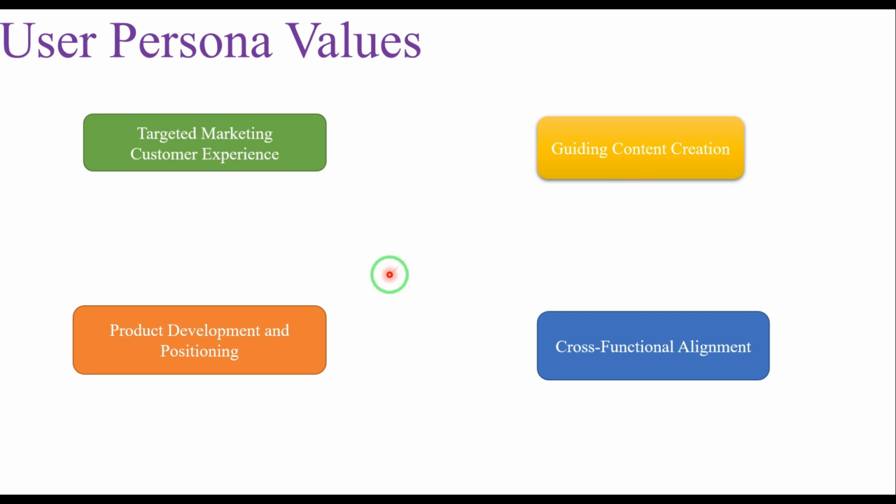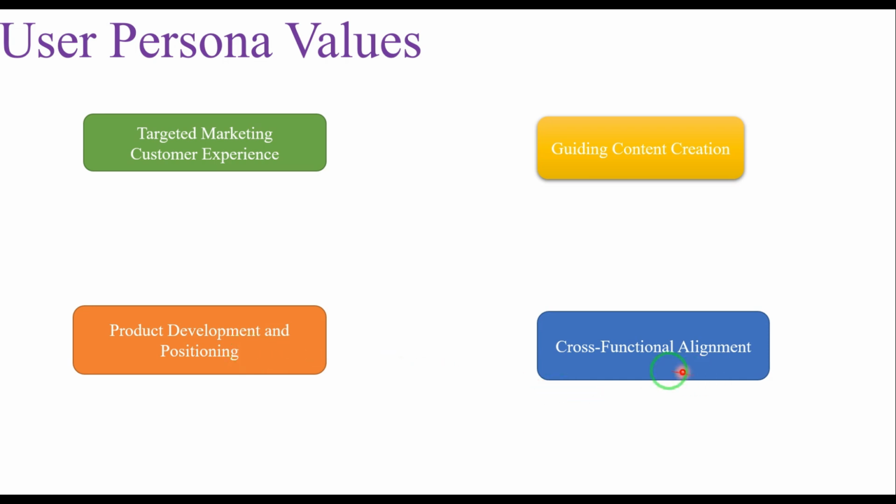The third one is about improving product development and product positioning. Personas can provide insights into what features, benefits, and value propositions are most appealing to different customer segments. This will help in developing products that better meet the needs of the target market and in crafting messages that effectively communicate the product's value.